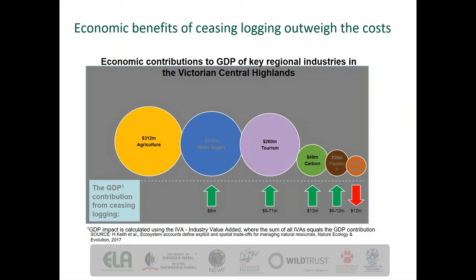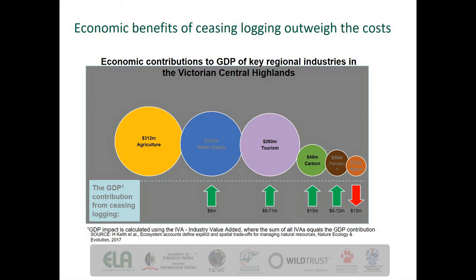So what we've also done is look at what happens if you were to move from native forest harvesting to plantation-only harvesting in this system and leave the native forest to produce water and to support a tourism industry. And what we see is actually the carbon industry, the plantation industry, the tourism industry and the water supply industry all increase quite markedly if you were to remove native forest harvesting from this area.